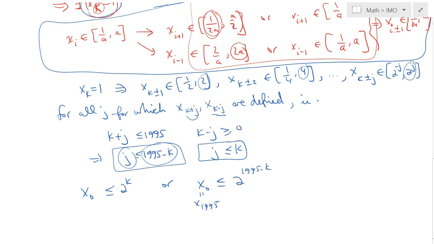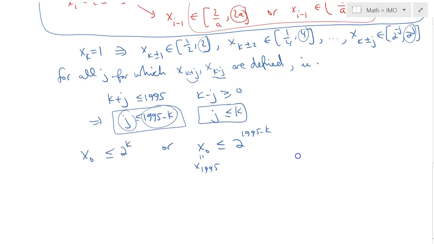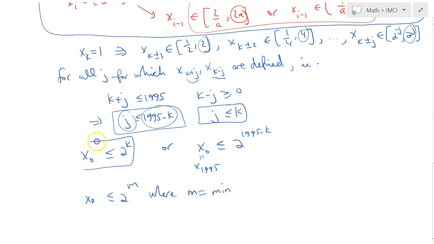So we can combine these two things together and say that x sub 0 is less than or equal to 2 to the power m, where m is the minimum of k and 1995 minus k, because both of these should be satisfied.